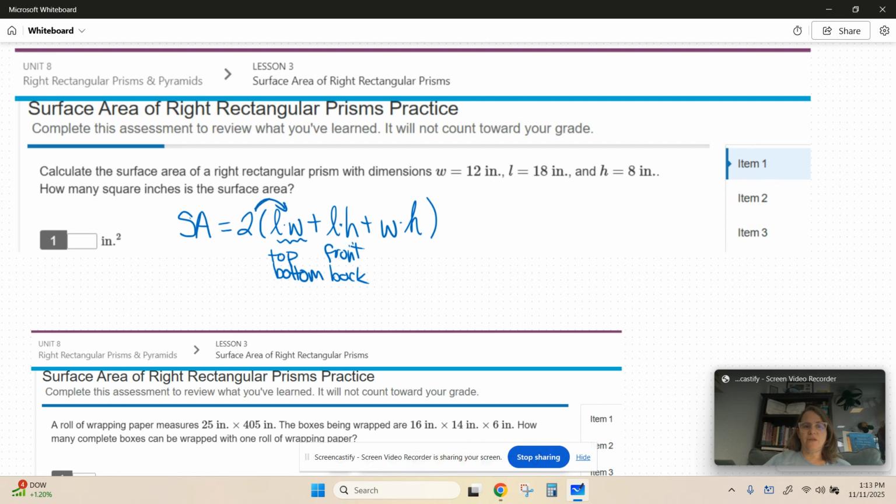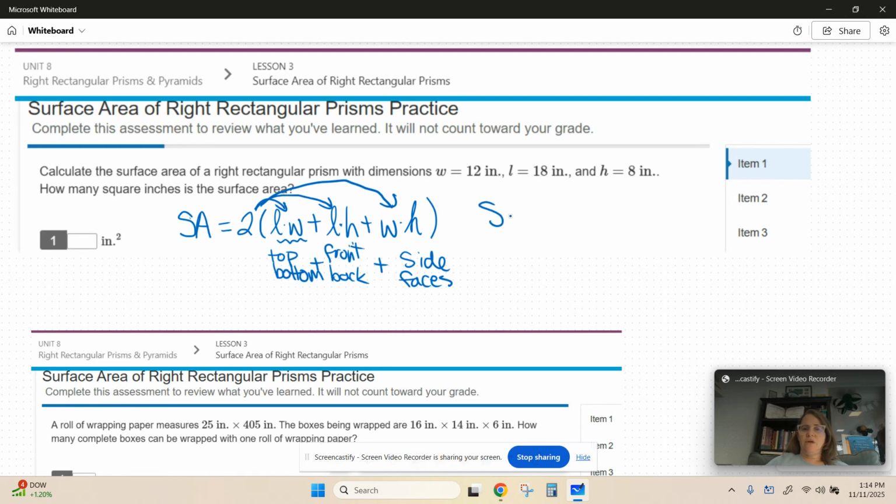One on the front, one on the back. That makes two of these. And then width times height, that would be the sides. You've got two side faces, one on the left, one on the right. So that's where this formula comes from.